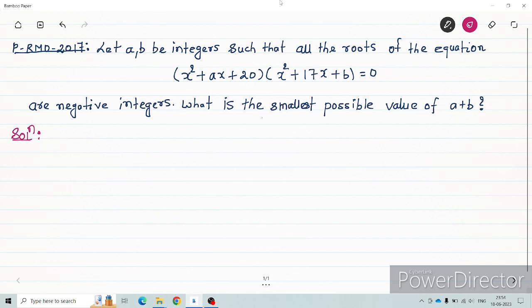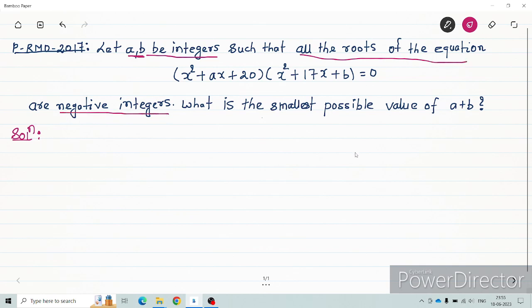Okay, so we are going to solve a very interesting problem. Let us look at the problem. The problem statement is that we have this equation (x² + ax + 20)(x² + 17x + b) = 0, where a and b are integers, and it is also given that all the roots of the given equation are negative integers.